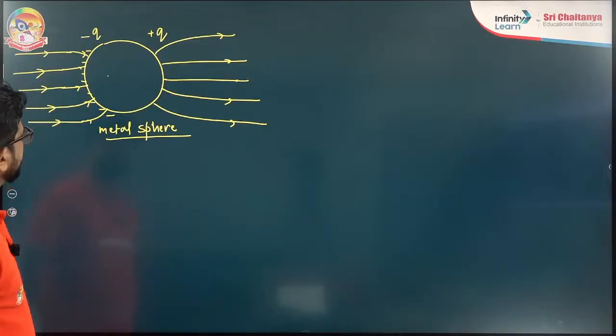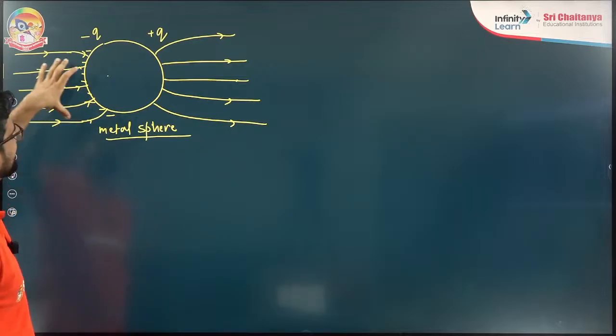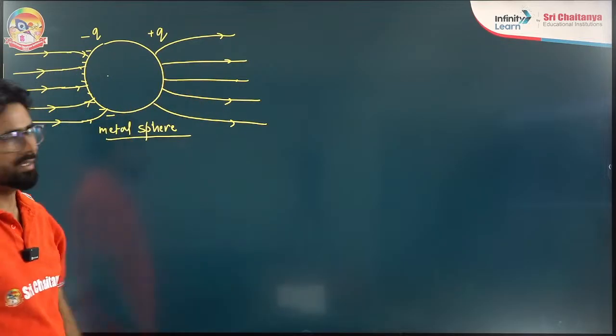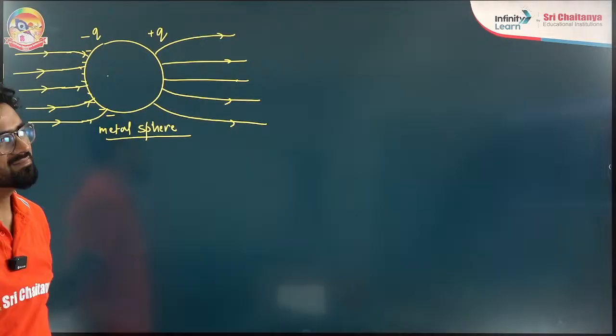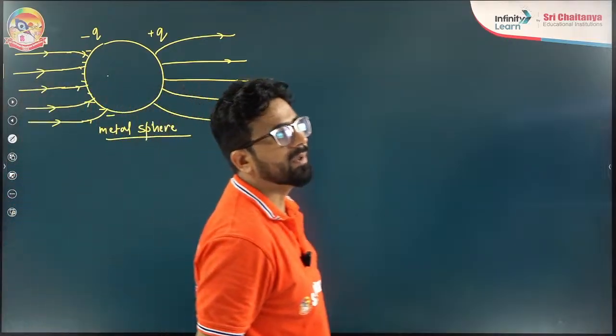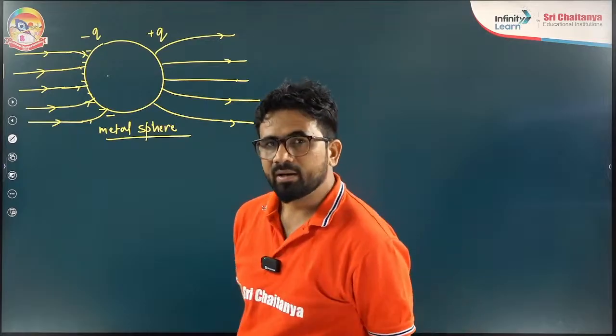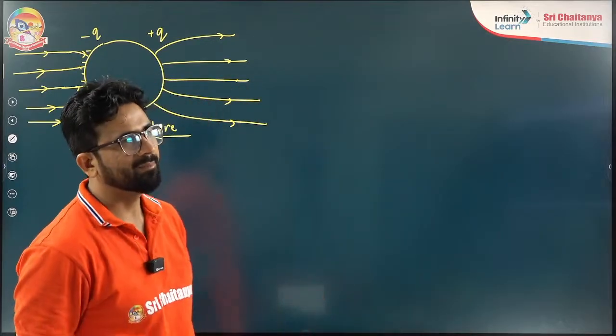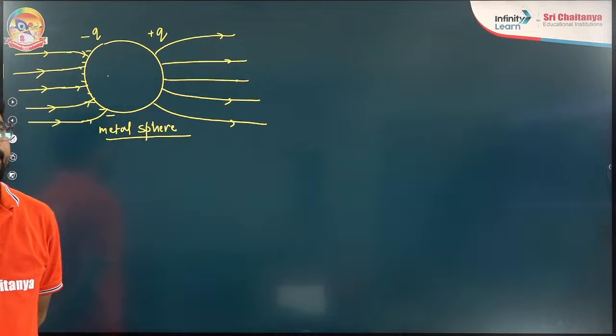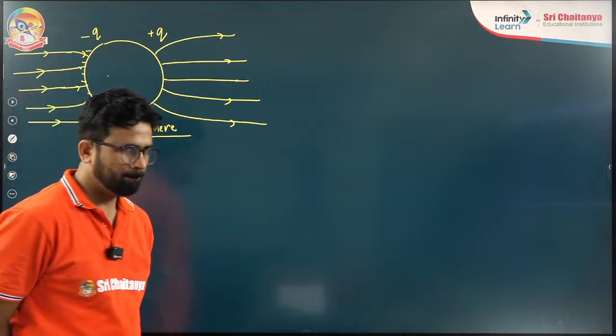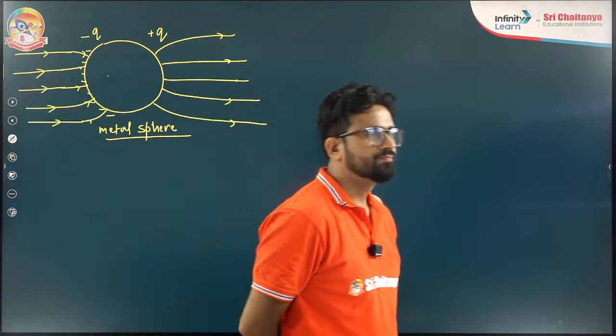Clear or not clear? If a metal sphere is there, this is going to happen. Outside field is coming, this is the field going, but no field line will enter inside it. Already this question is P by Q. Clear or not clear, beta? Please reply.